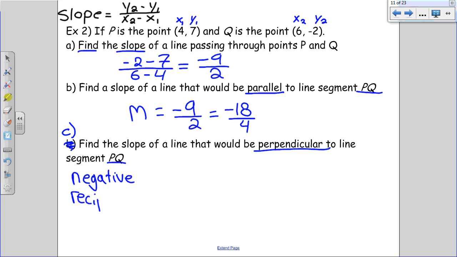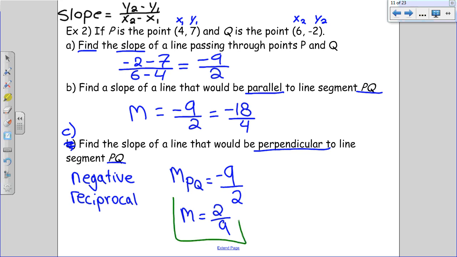So if the slope of PQ was negative 9 over 2, my new slope, which would make it perpendicular to that PQ line, would have to be positive, right? Because it's the opposite. This one was negative, now I'm positive. And then you flip it, so it would be positive 2 over 9. That's a slope that would be perpendicular to PQ.